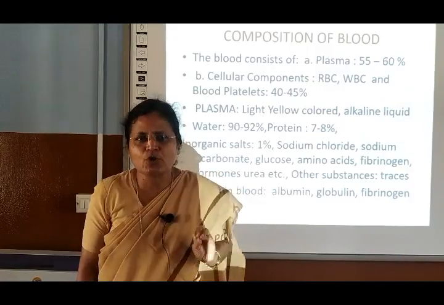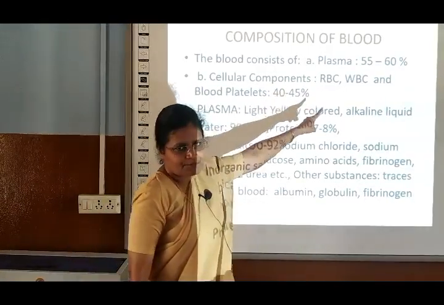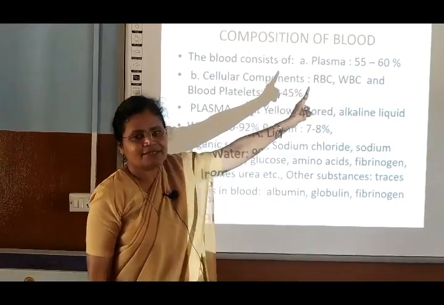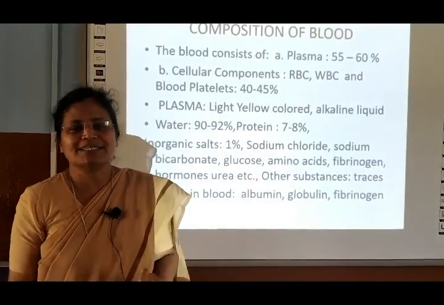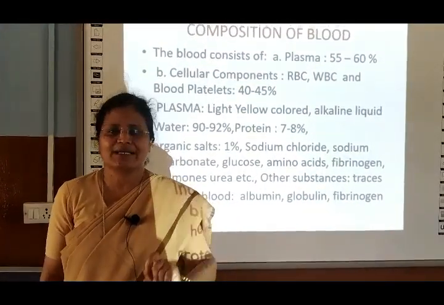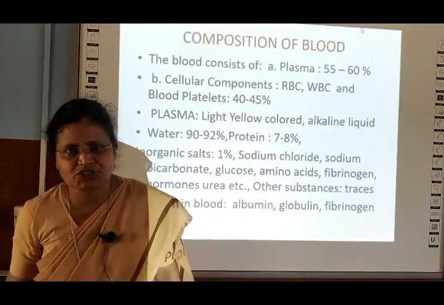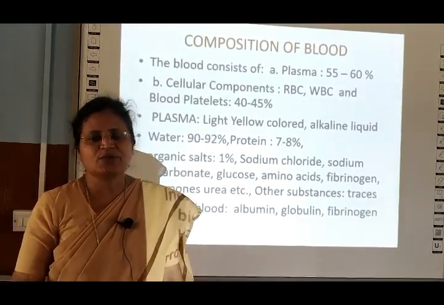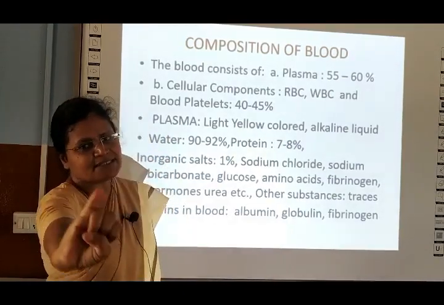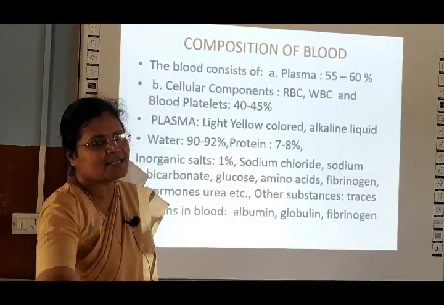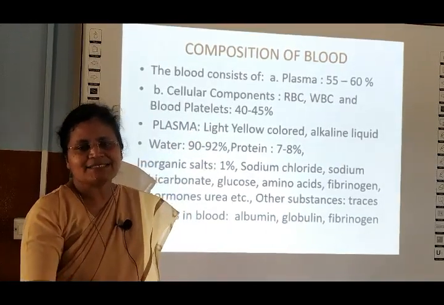They say blood is a fluid, right? Liquid. So that liquid part is called the plasma, which measures about 55 to 60%. Now why is blood called a fluid connective tissue? Because plasma in itself is not a tissue, but you have millions and millions of blood cells, your RBC, WBC and blood platelets, floating inside the blood.